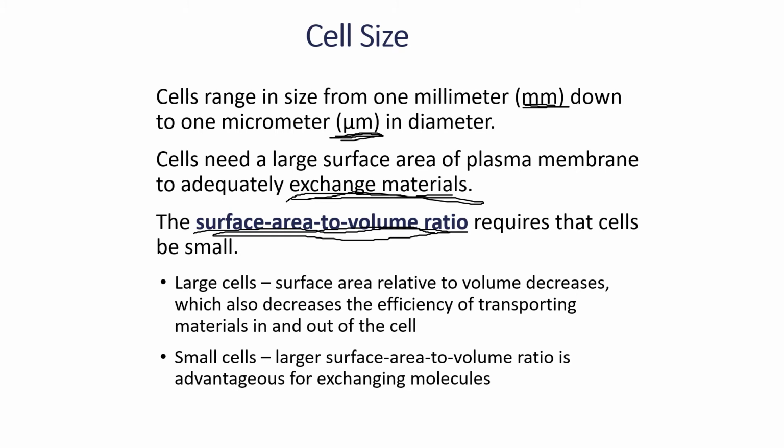Larger cells, the way they get around it, they compartmentalize. So you're having diffusion between compartments, and each compartment is small. So not only will they have lots of surface area, but they'll have lots of internal surface area as well.